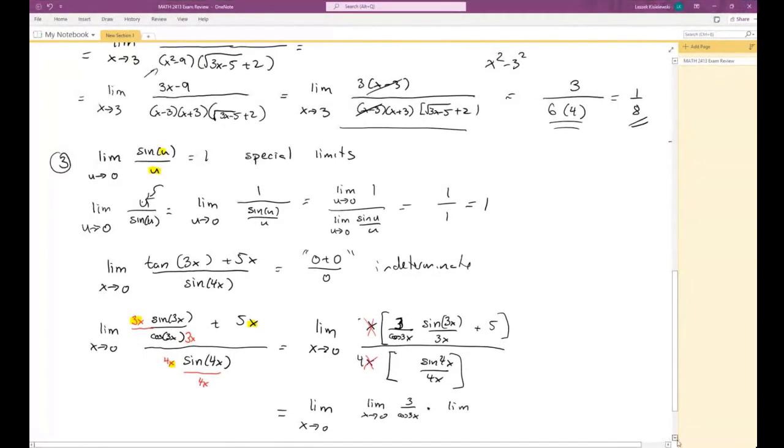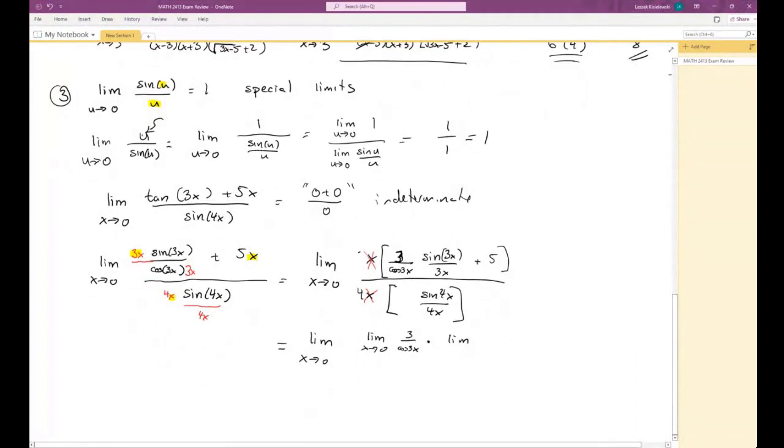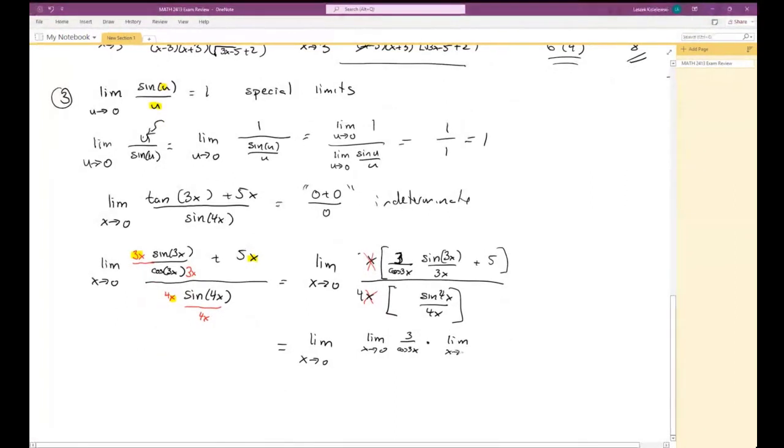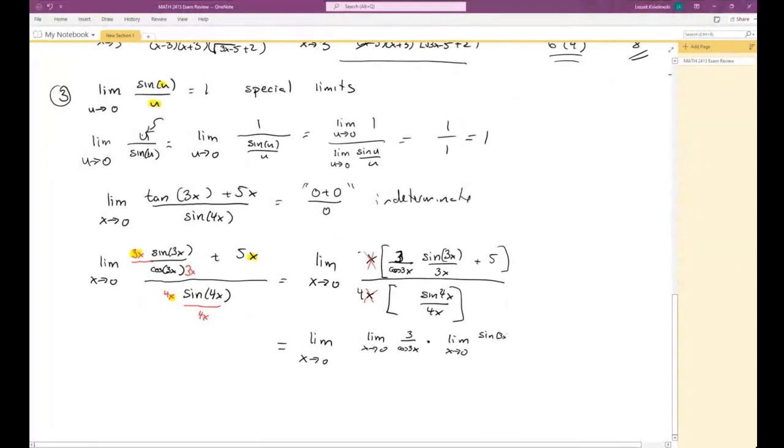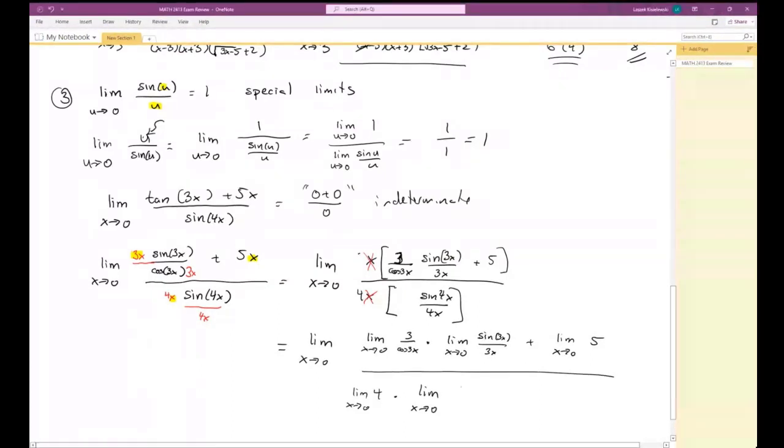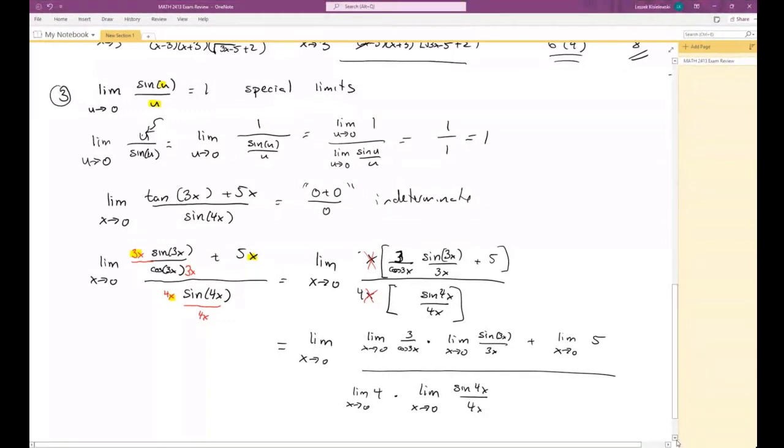Times limit x goes to 0. Plus the limit of a constant. Okay, divided by, and then in the denominator, we have the limit of a constant. Jeez. These limit rules, I forget how tedious they can be to demonstrate to your grader. Right, so that's just all the limit rules.